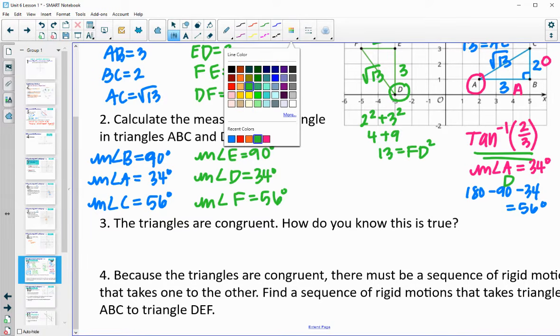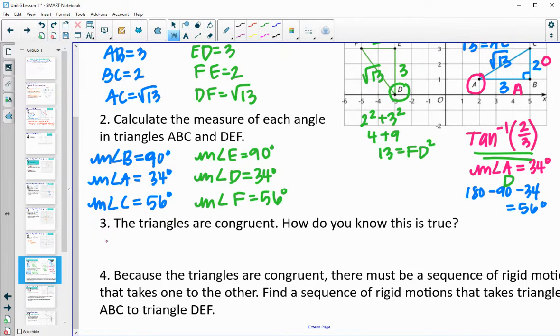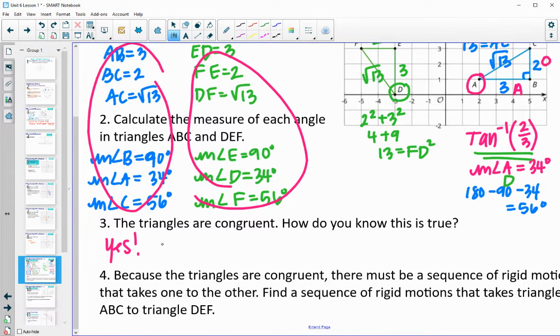Hopefully you came up with yes, they are. Your justification could have been numerous different things. One could have been that all 3 sets of sides and all 3 sets of angles are congruent, so they have identical measures for everything, so all parts are congruent.